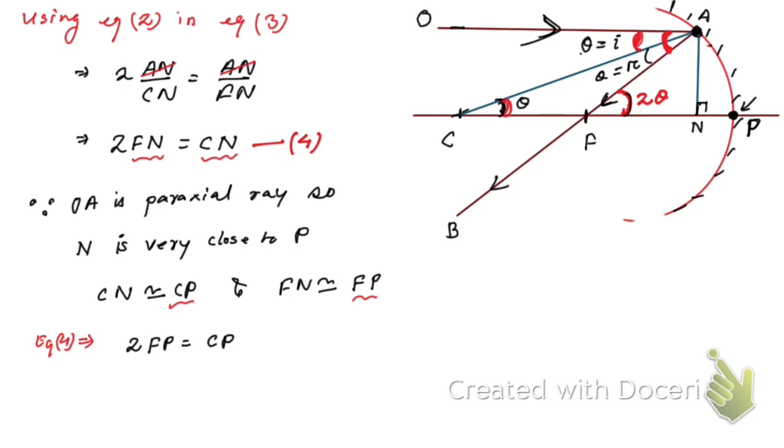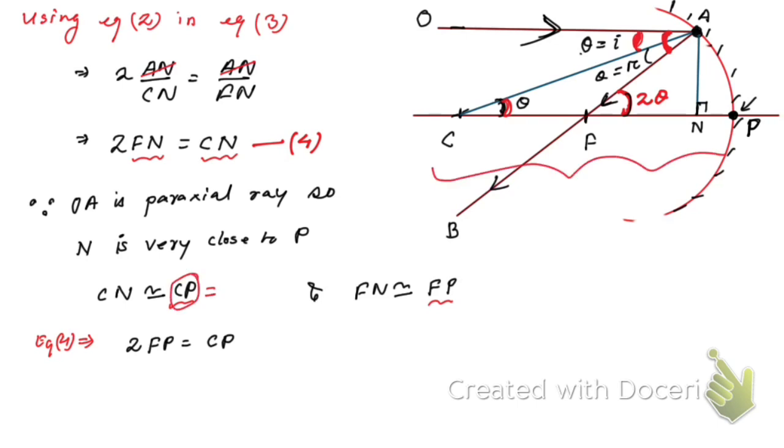Now you see here, this Cp is nothing but the radius of curvature, right? According to the sign convention, we're going to write minus r, and this Fp is nothing but the focal length. So using the sign convention, we're going to write minus f.